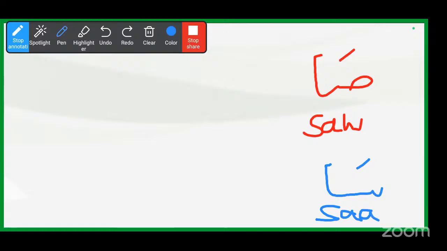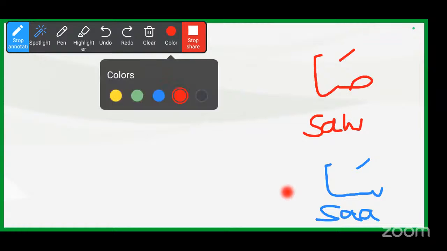Now repeat after me. The whistle should be there because Sad and Sin both are whistle letters. The upper one is Sa, the lower one is sa. Ahsant.